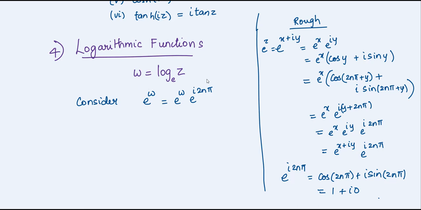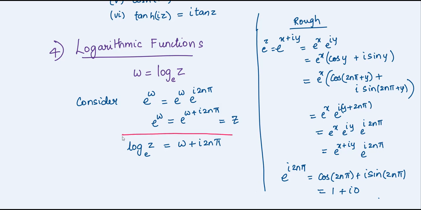So this is e power w plus i 2n pi. Now let this be equal to z. So e power w is z, and e power of w plus i 2n pi will also be z. So now you take log of z to the base e, which from the definition will be equal to w plus i 2n pi. This is an important point.